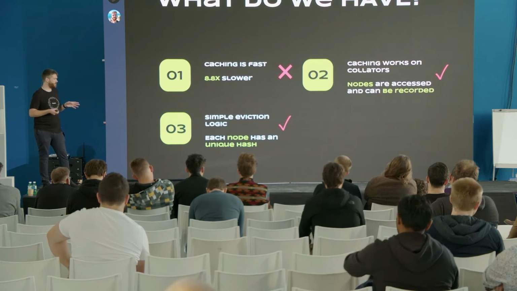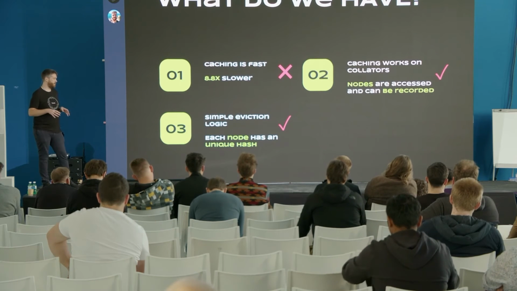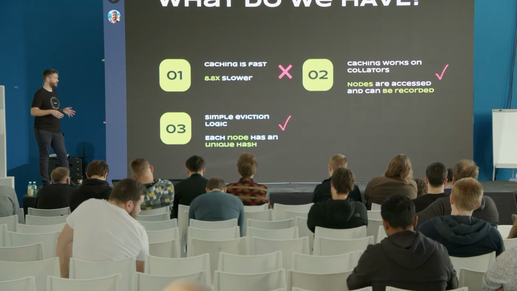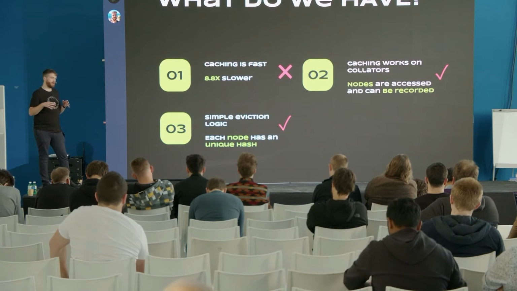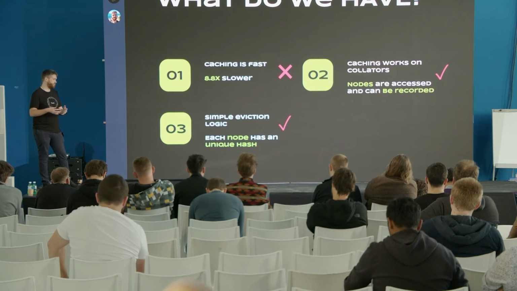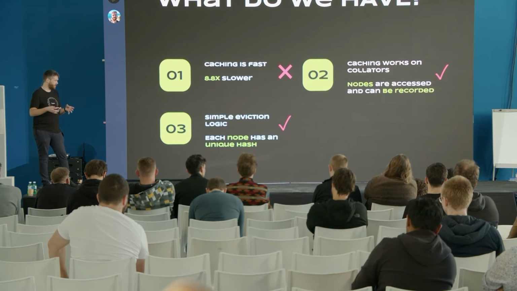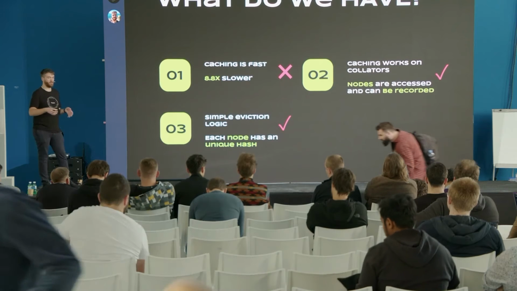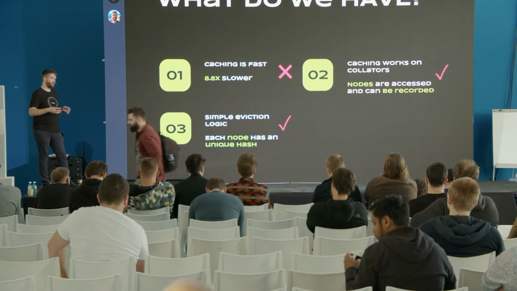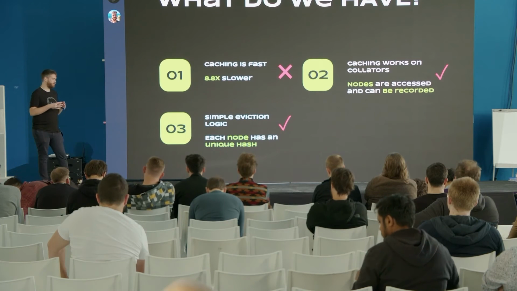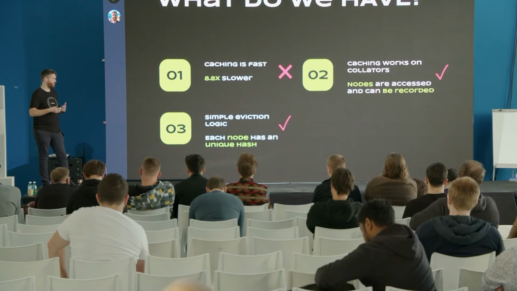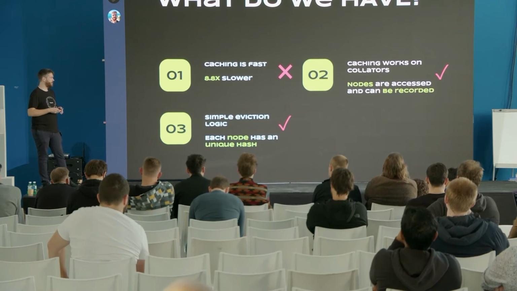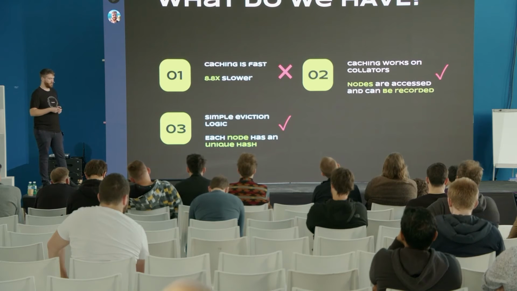The eviction logic would also be extremely simple, because, as I said, each node has a unique hash, and as the hash is built by hashing the node itself, the moment you change one bit, you get a different hash. It's quite simple. There cannot be these problems of returning wrong data, as you had with the state cache, because the keys are unique per node.